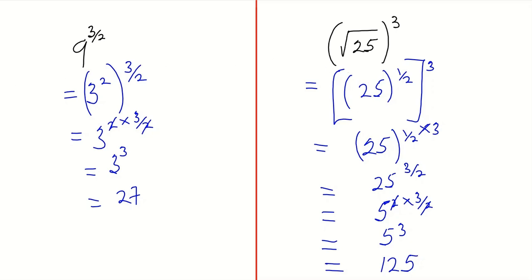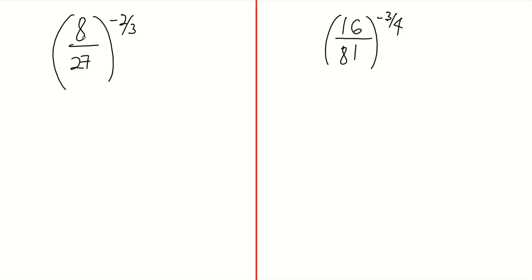In the next example, we have, in brackets, 8 out of 27, all exponent minus 2 out of 3. Remember in indices, we said that if we have something like a out of b exponent minus n, then we can write it as the reciprocal, so that's b out of a, and the exponent now becomes positive n.